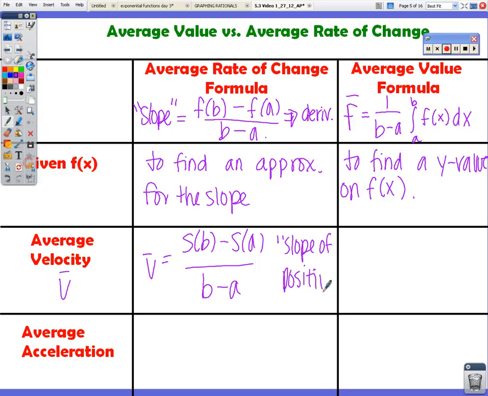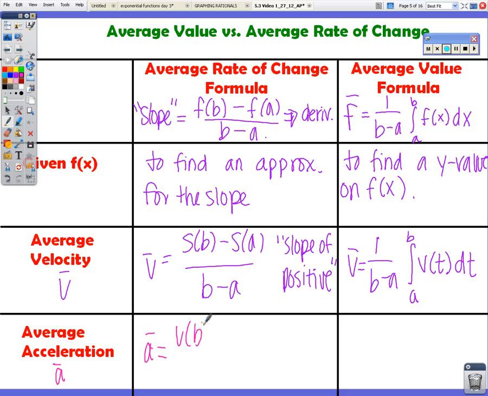Now, if I'm given velocity and I need to find the average velocity, but I want to use an integral, you'll notice that it's 1 over b minus a, and the function I'm going to integrate will be itself, the velocity function itself. So using that same exact mode of thinking, if I want to find the average acceleration, whose slope is acceleration? That is velocity slope, which is why I use this formula.